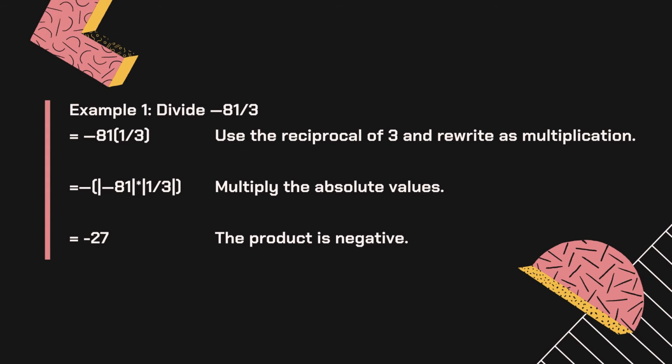So the absolute value of negative 81 is 81, and the absolute value of 1/3 is 1/3. So as we multiply, the result is equal to negative 27, which is negative since both of the numbers have different signs.